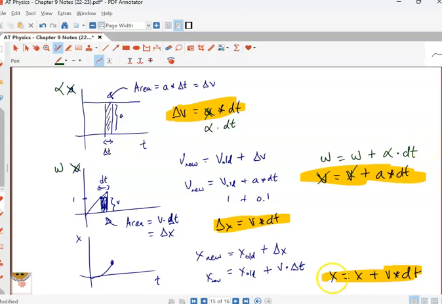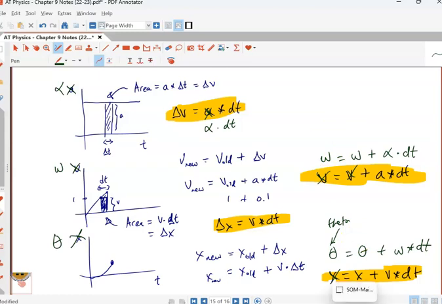And then instead of x, this is going to be theta. So theta equals theta plus omega times dt. Now in code, we just write the word theta instead of writing the symbol theta, and we just use w for omega. Okay, so that's the key.